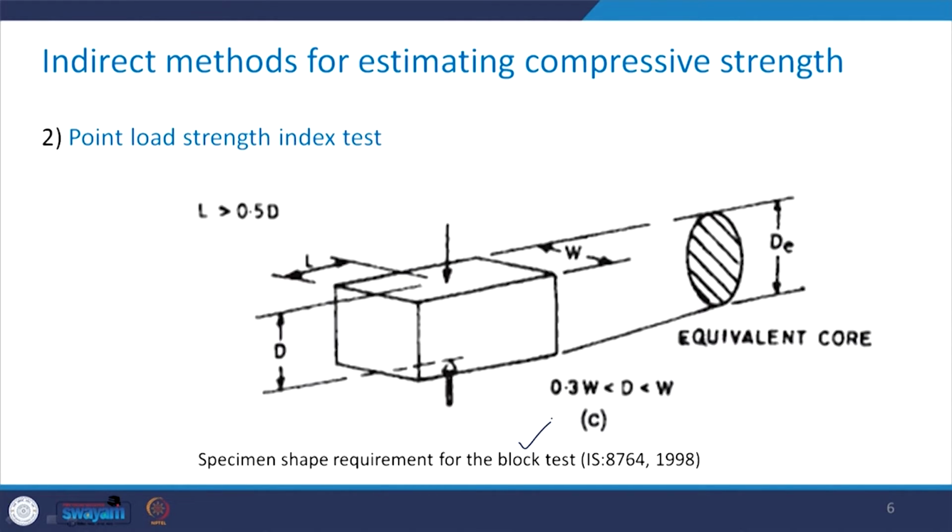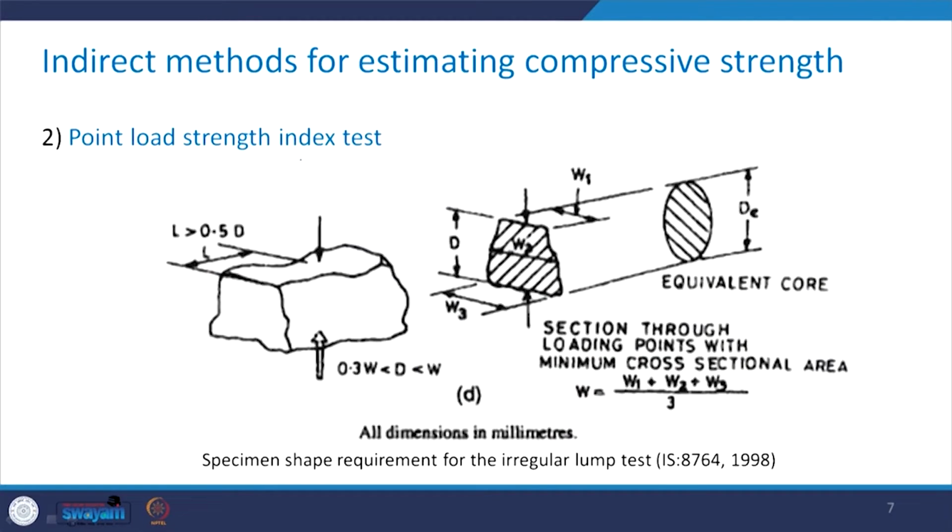So again, in this case this dimension, that is D, should lie between 0.3 W to W, where W is this dimension here, and again the length, that is in this direction, wherever the loading is applied, that distance from this face should be greater than 0.5 D. So, unless we have this, we cannot use this method to determine the compressive strength.